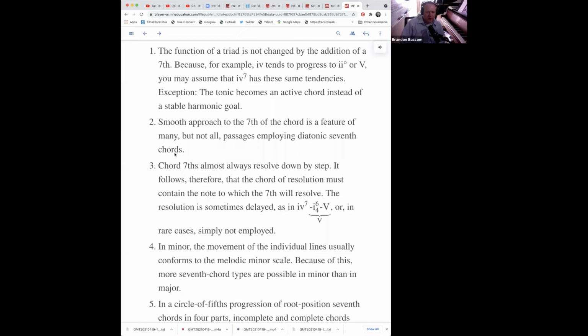What happens if we do that? Put the G and the C in the alto and soprano, respectively. Okay, if we do that, what kind of chord are we going to have here?